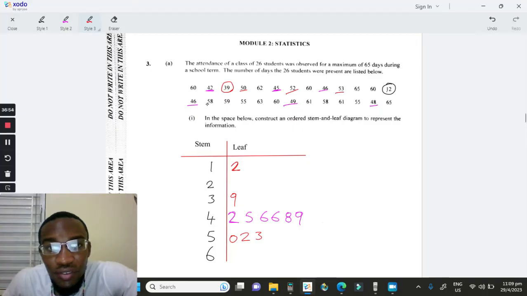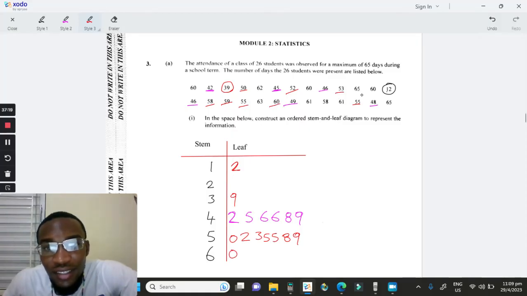Do I see 54? No, I don't, but I see 55 twice. Do I see 56? No, I don't. Do I see 57? No, I don't. Do I see 58? Yes, I do. Do I see 59? Yes, I do. Then I see 60.